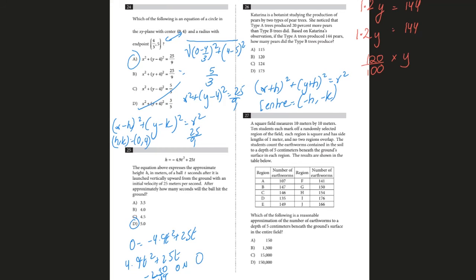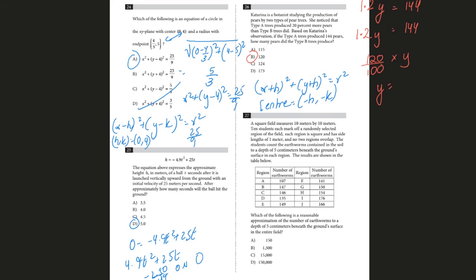It's greater than y, and it's 20% greater than y. So if we solve this, we get y as 144 divided by 1.2, and therefore 120, which is the answer B.